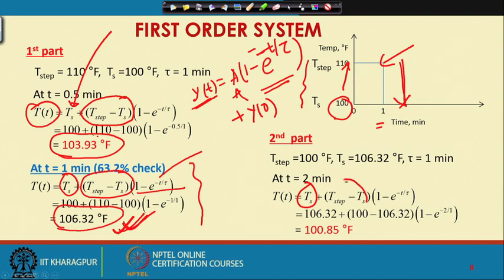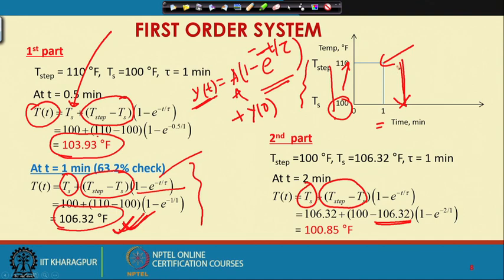The magnitude of step is now 100 minus 106.32, because this is the temperature that the instrument was showing after 1 minute. So, let me correct my previous statement. I said that initially I give a step input of magnitude 10, that is correct.